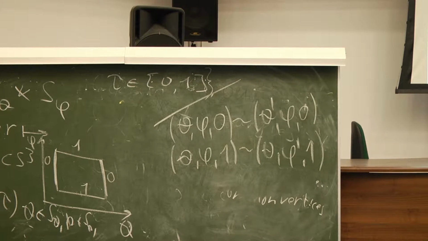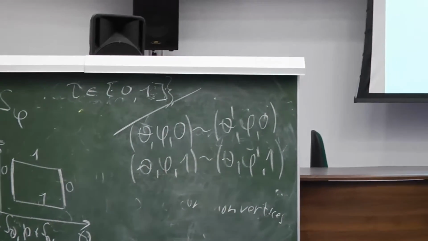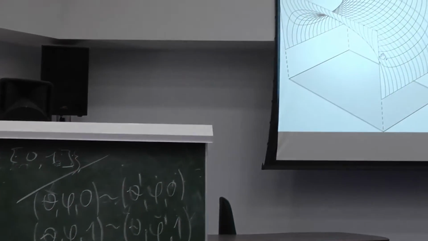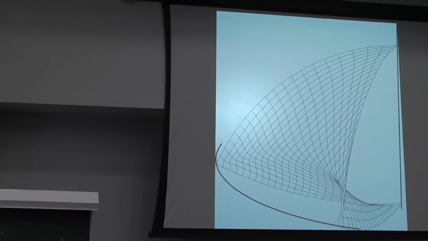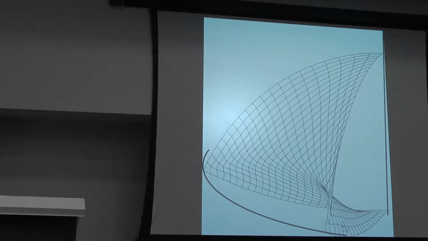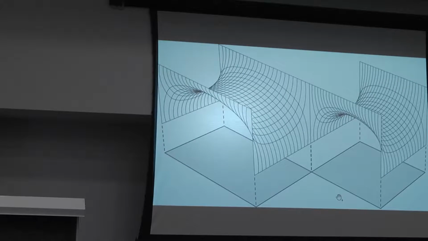So in this picture these segments I collapse into one point on the circle of the join. And you see the segment as one point. This, and this. Okay.